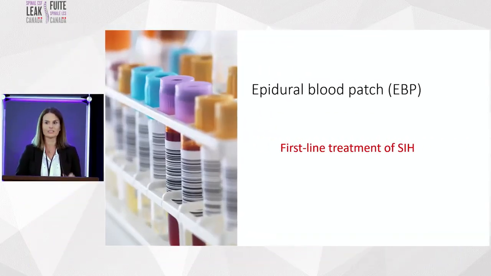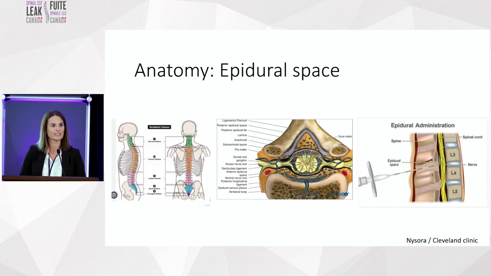Okay, good morning, everybody, again. I'd like to talk to you today about epidural blood patches. As you know, these are the first line of treatment against spontaneous intracranial hypotension. It's a procedure where autologous blood gets injected in the spinal epidural space, which is a potential tissue plane between the dura mater, which is surrounding the spinal cord, and the bony spinal column.